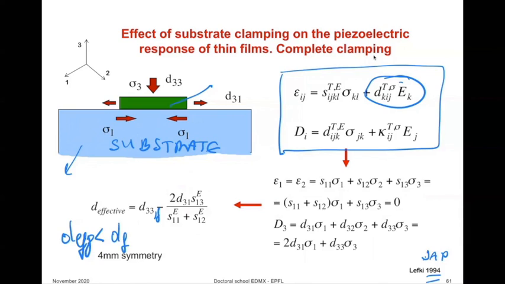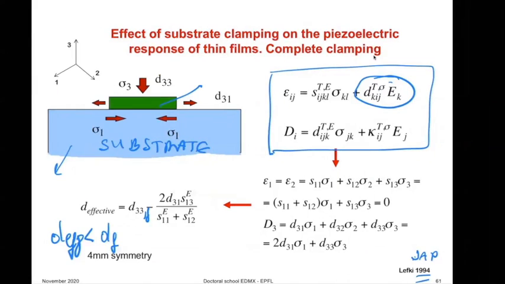So what this tells us is that we can never have in a thin film with a rigid thick substrate as good a piezoelectric response as in a free film or in a bulk ceramic, if the substrate has this effect and if it is perfectly rigid.